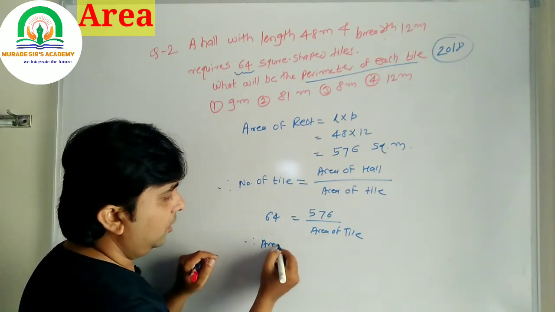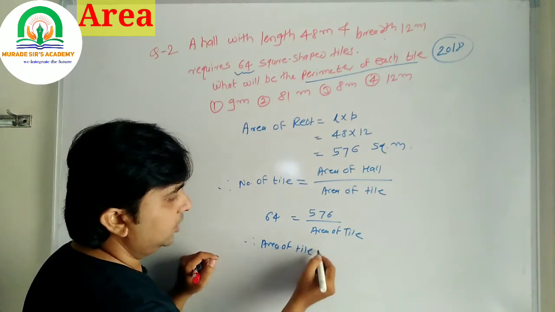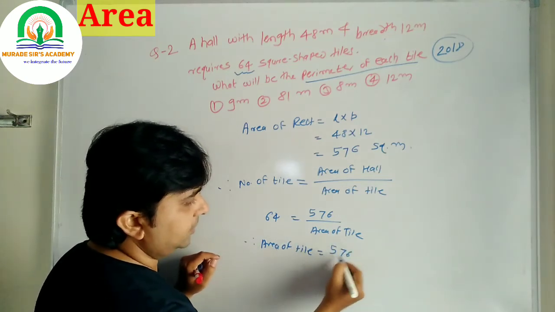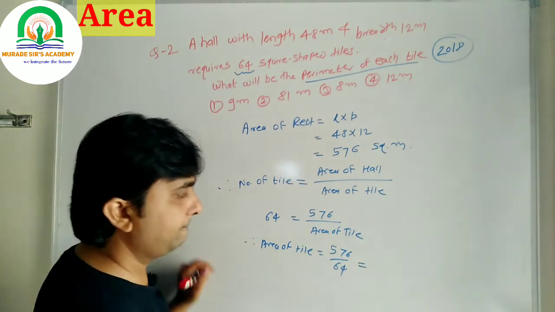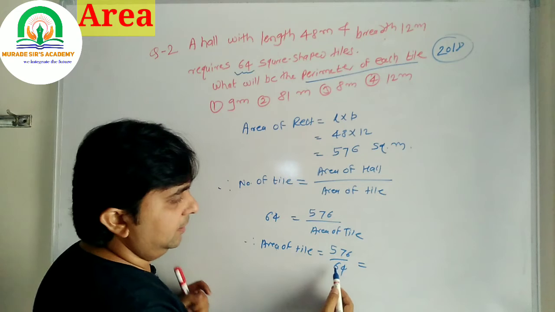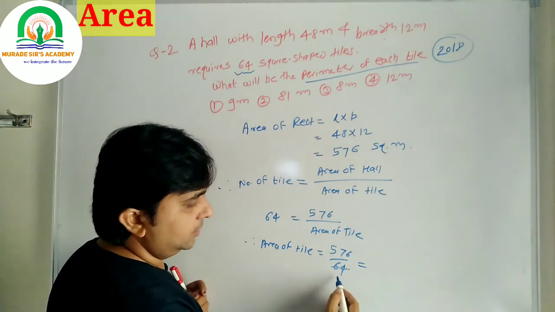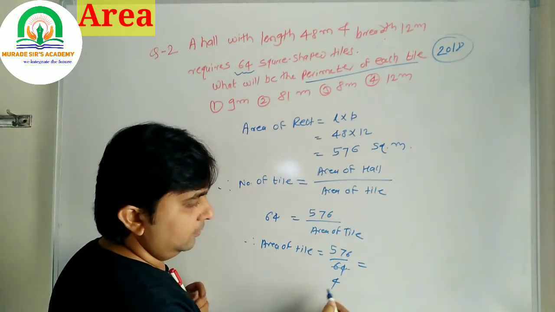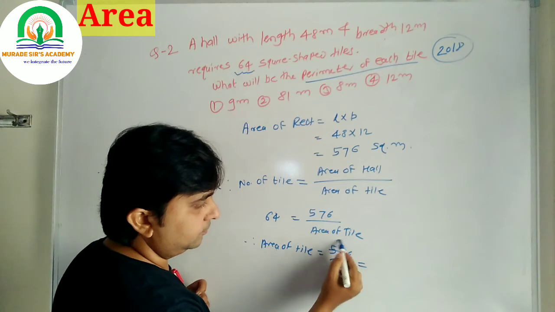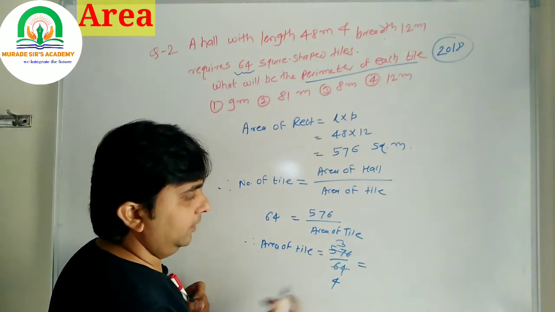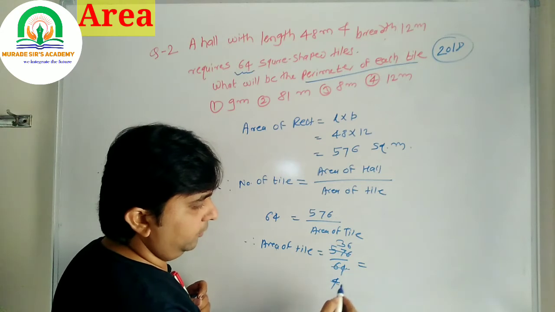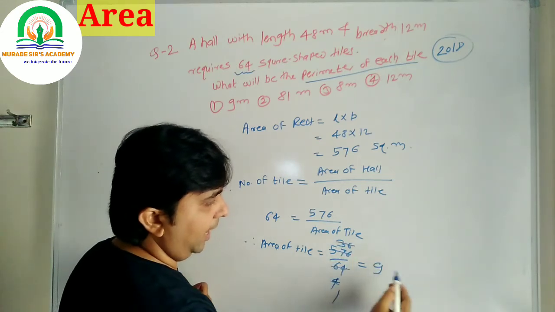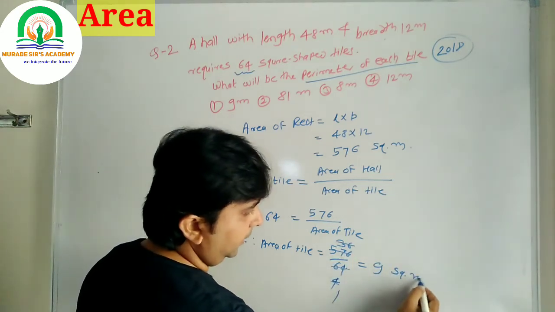Therefore area of tiles is equal to 576 upon 64, which is 9 square meter.